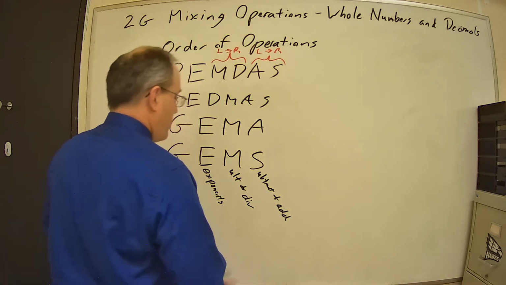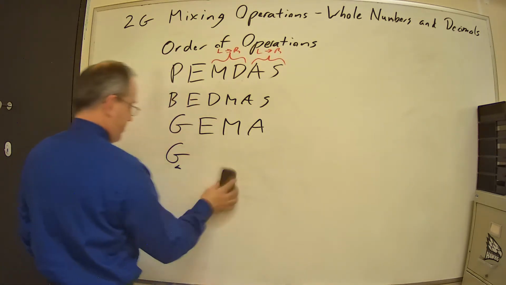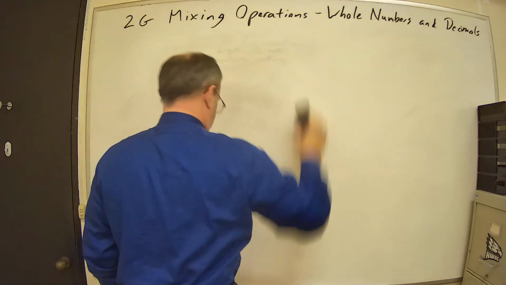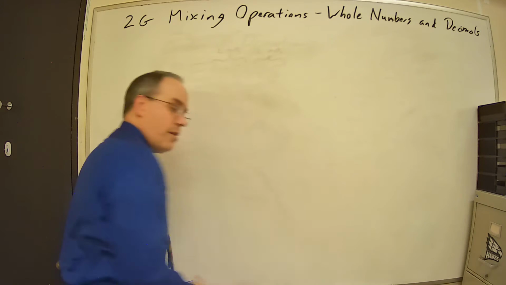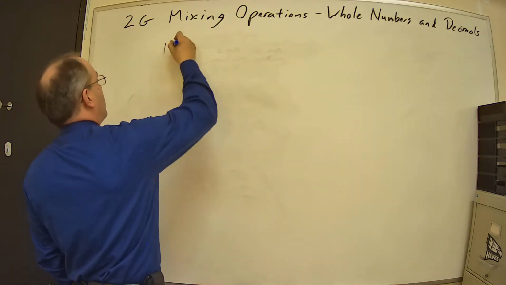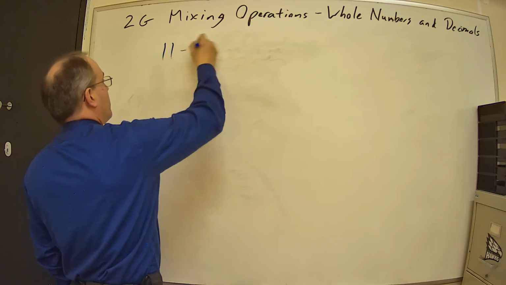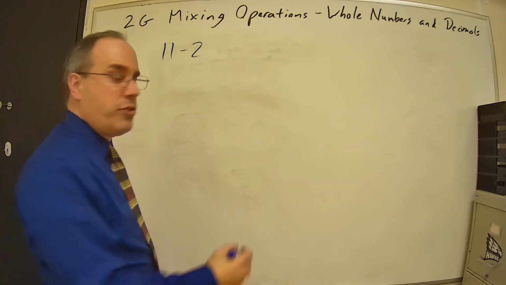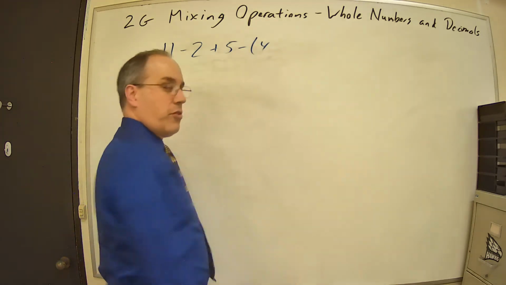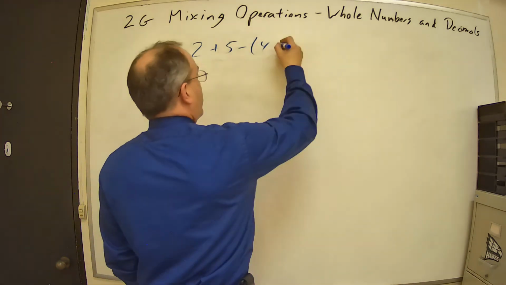So let's put some of these to use and see what happens. Okay, so let's do our first one here. 11 minus 2 plus 5 minus the quantity 4 plus 3.